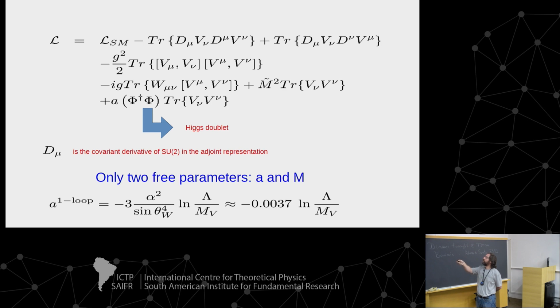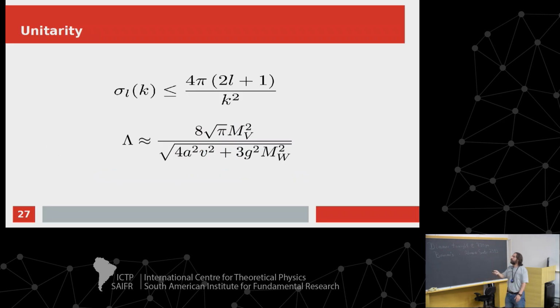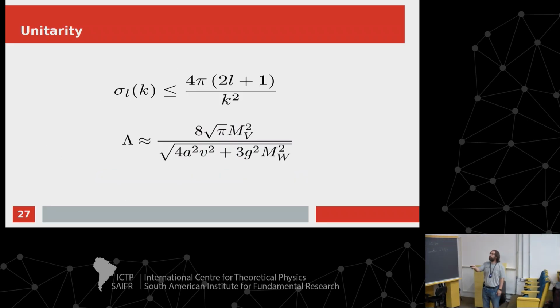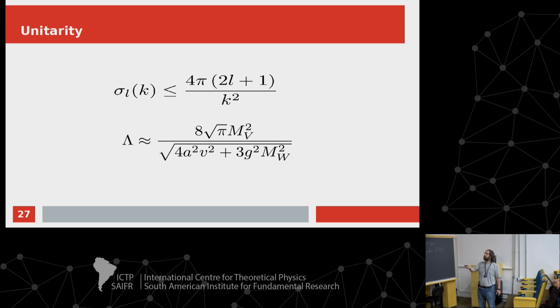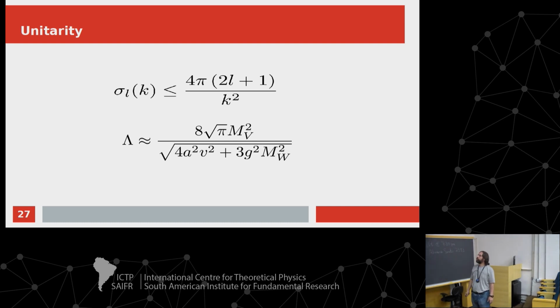The first one is the coupling with the Higgs, and the other one is that the gauge symmetry of the standard model is spontaneously broken. Indeed, when we compute the scale of unitarity breaking, you can see that it depends on the A parameter and the mass of the W. If you have A equal to 0 and the mass of the W equal to 0, that means the symmetry is exact, then the scale of the unitarity violation is infinity.